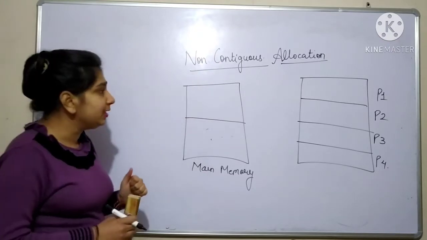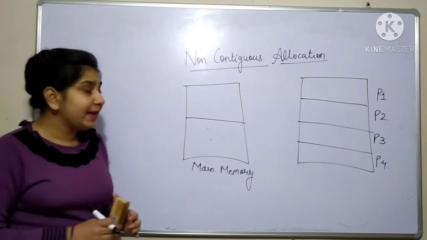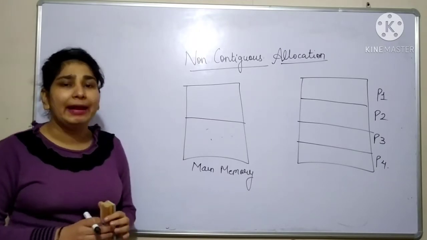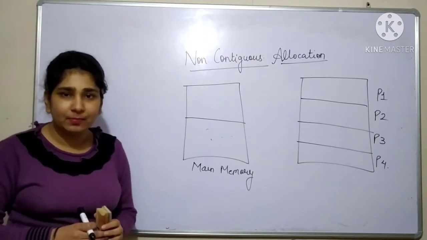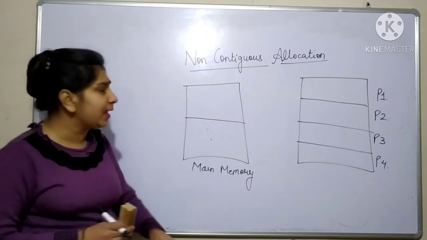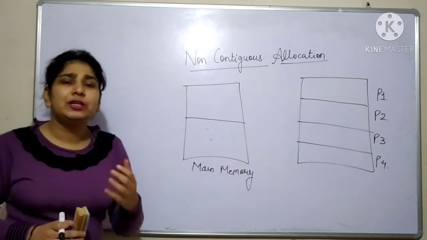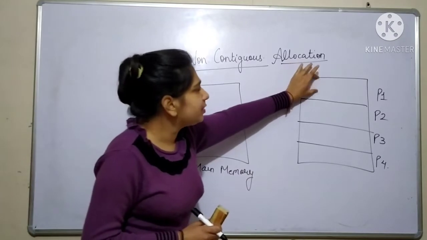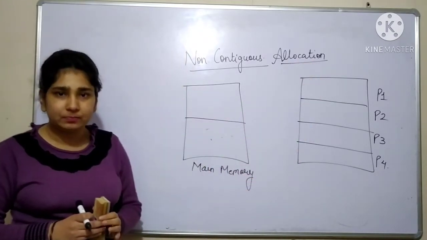Non-contiguous allocation is really helpful for multitasking, if you want to store many processes in the main memory. So instead of keeping the complete process, you just keep some of the instructions of your process in the main memory.